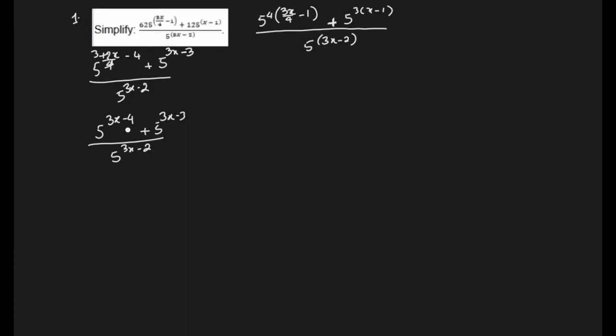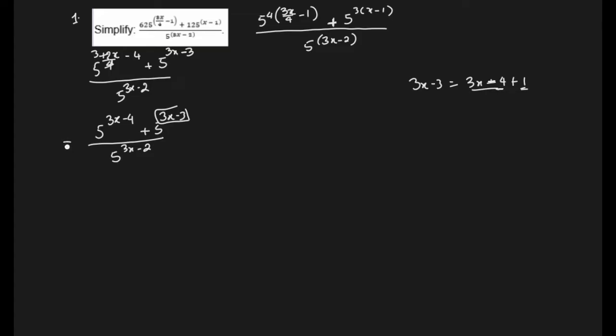Well, 3x minus 3 is bigger than 3x minus 4, right? Why am I saying that? Because we can say that 3x minus 3 is equal to 3x minus 4 plus 1. Yes? If I do minus 4 plus 1, I get minus 3. So can I change this into 3x minus 4 plus 1?